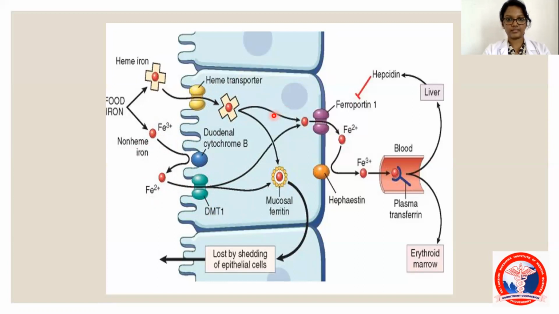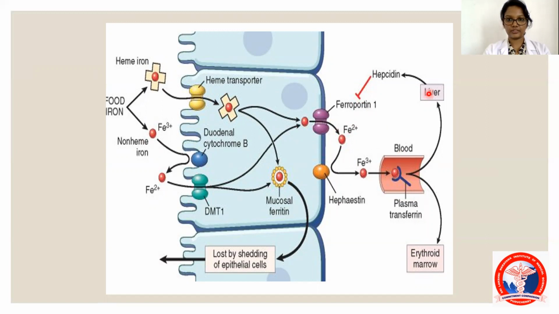In the enterocyte, iron is either stored as mucosal ferritin, or it is transported further by a channel, ferroportin. It enters the plasma, where it is oxidized to Fe3+ by the enzyme hephaestin or ceruloplasmin, and this rapidly binds to a plasma protein called transferrin, which delivers this iron to the erythroid cells in the marrow, which is then used for hemoglobin production.